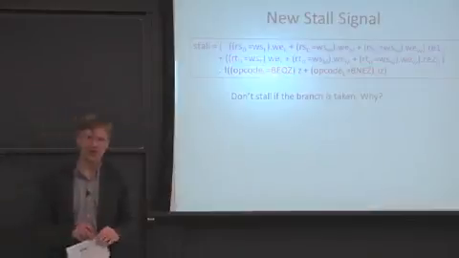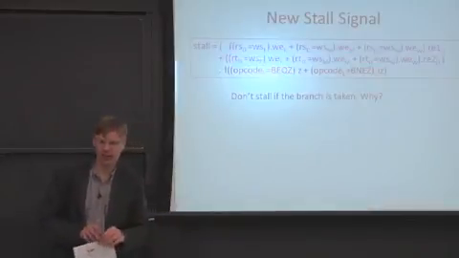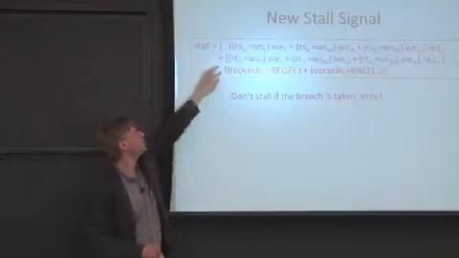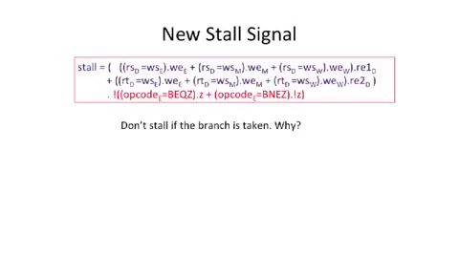OK, so now we get to talk about the stall signal in detail. We start off in blue here at the top, the stall signal we had from before. You need to check the data dependencies and check for data hazards between the registers of the source operands.